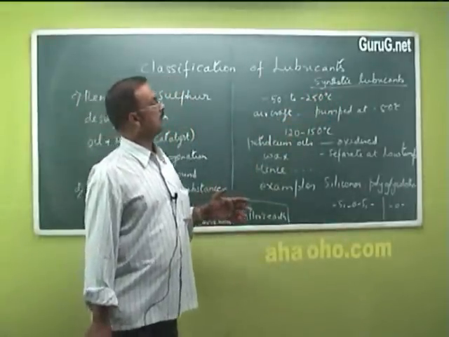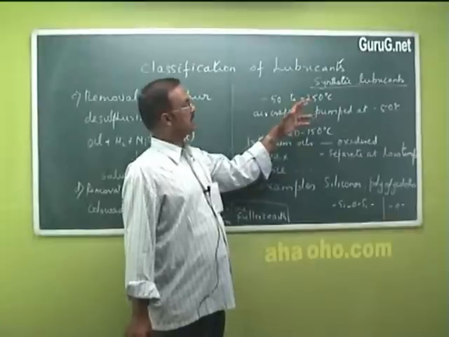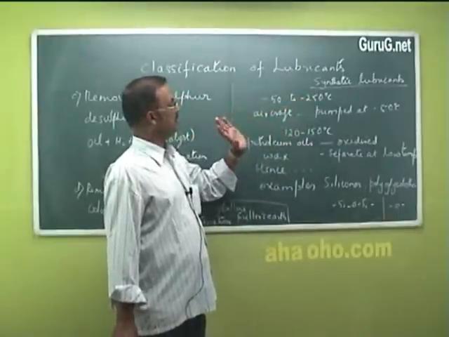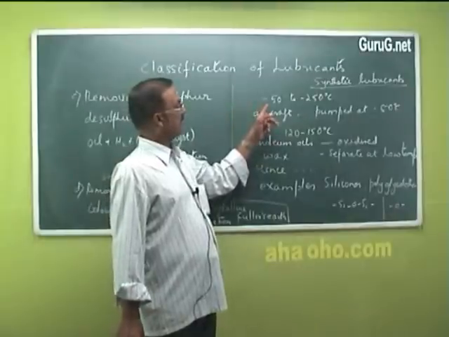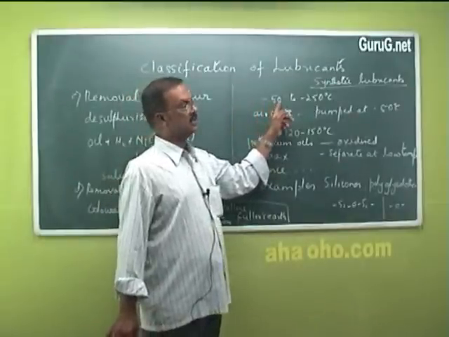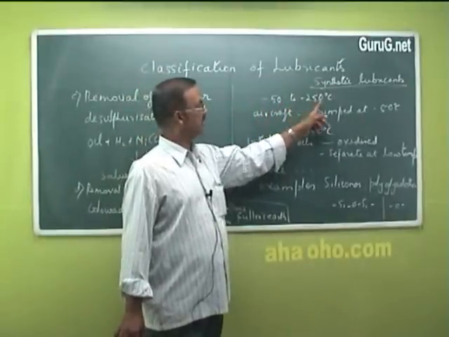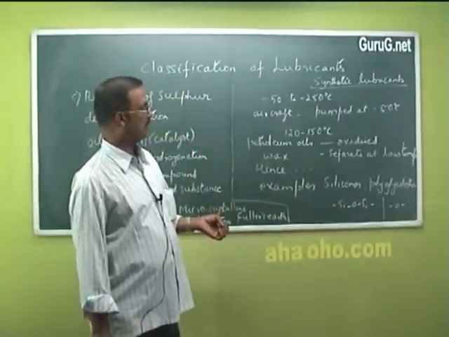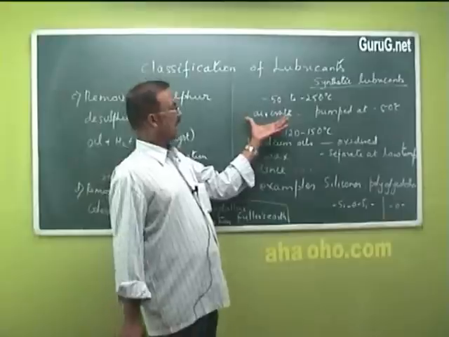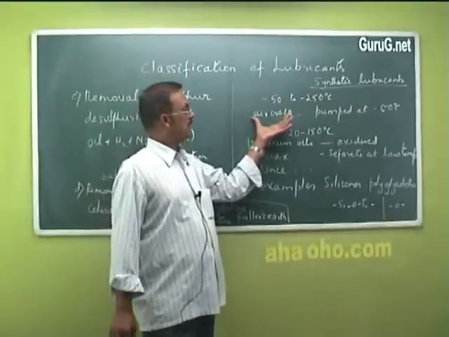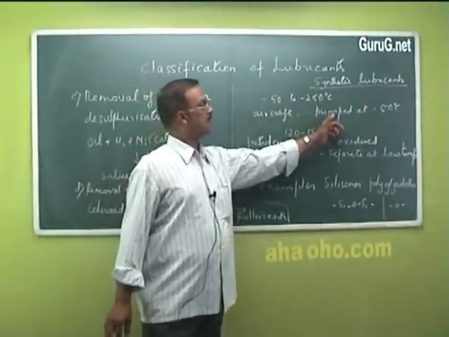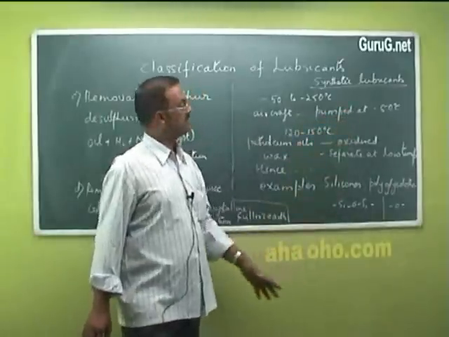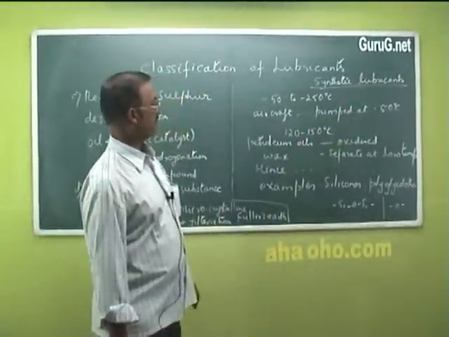The synthetic lubricants are finding use in the temperature range minus 50 degrees to 250 degrees centigrade, and also at higher temperature. See, in aircraft they use lubricants. The lubricants are pumped at minus 50 degrees centigrade.